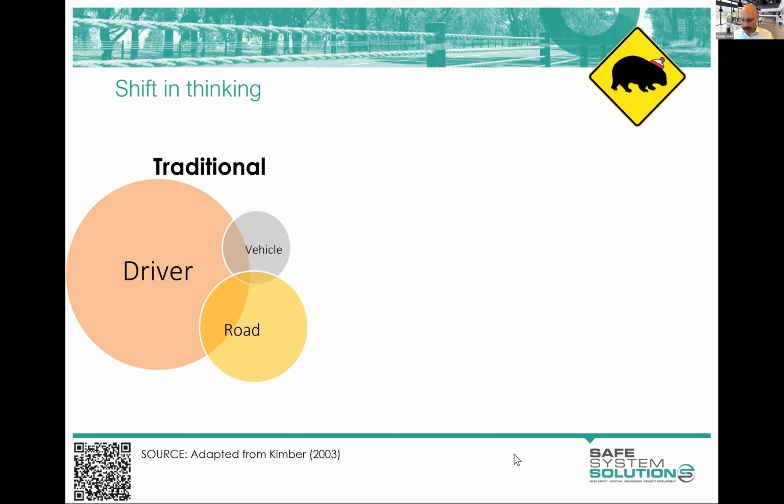These are massive crash causation studies where they've taken something like 5,000 crashes and done root cause analysis, trying to work out what went wrong, where the cause was, what the failure was. And inevitably, in these crash causation studies, they always come out with 85 to 95% of crash causation being human error.